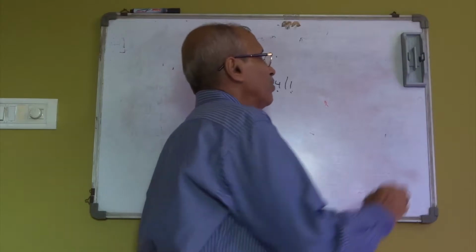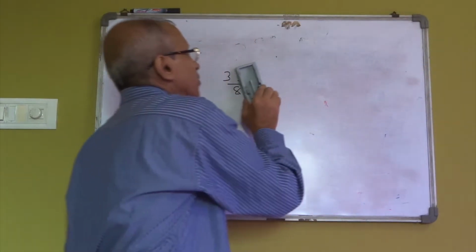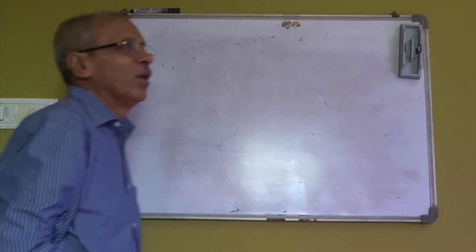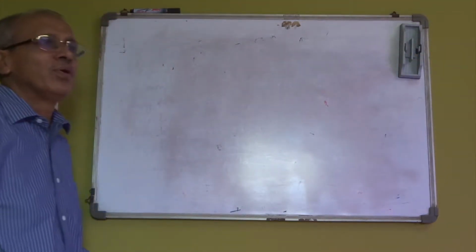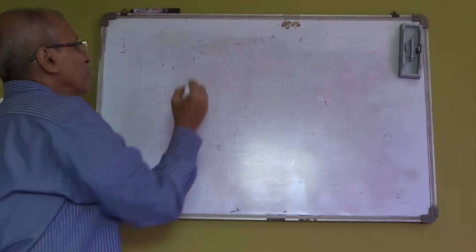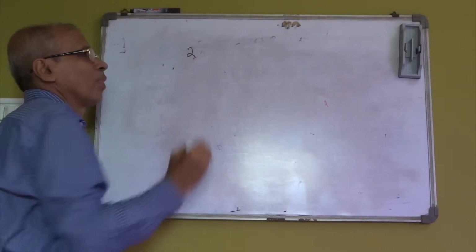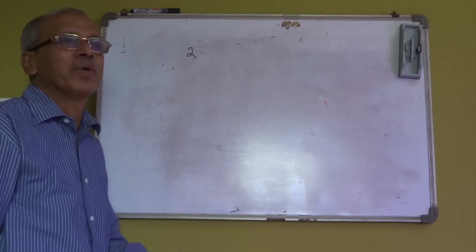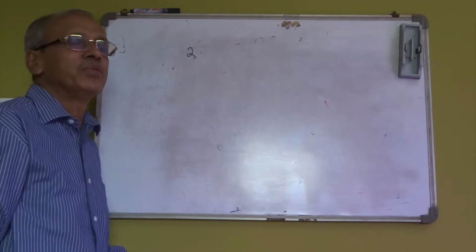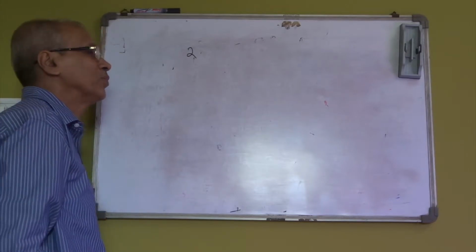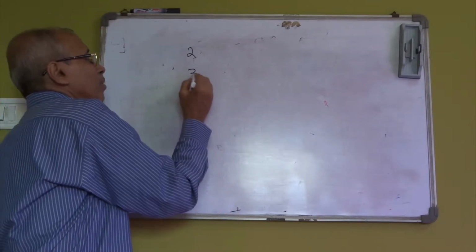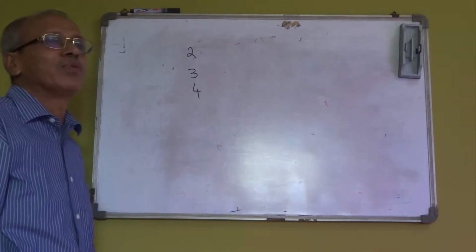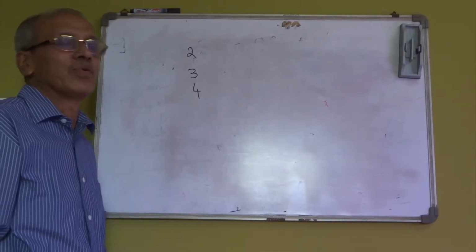Now we will start with part 1, simplification using common factors. All of us know any even number is divisible by 2. For 3, we add the digits in the number, and if the sum is divisible by 3, that number is divisible by 3. For 4, if the last 2 digits are divisible by 4, that number is divisible by 4.